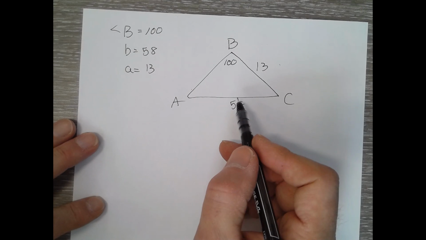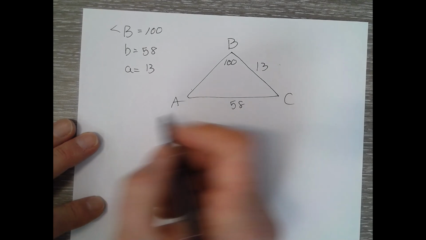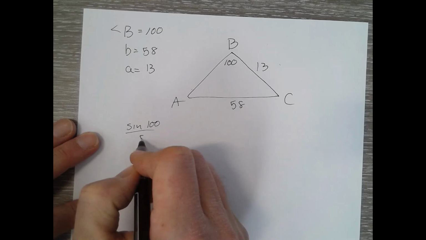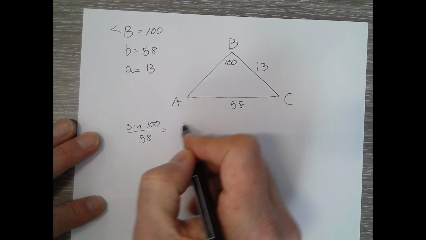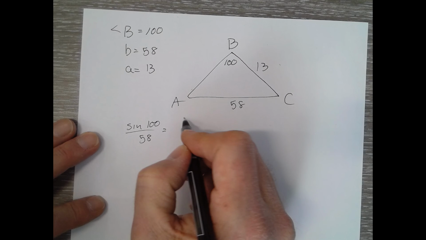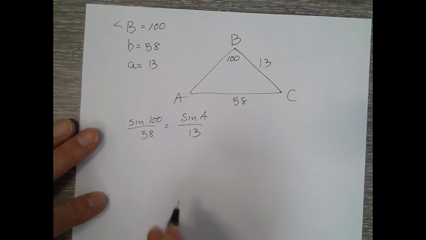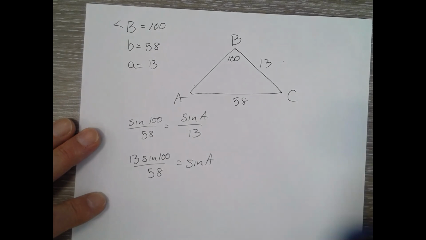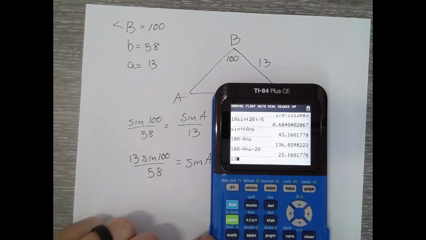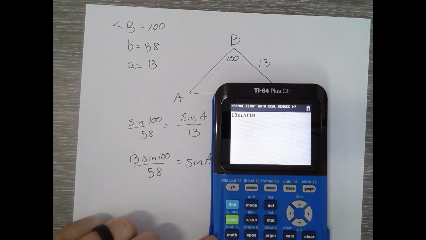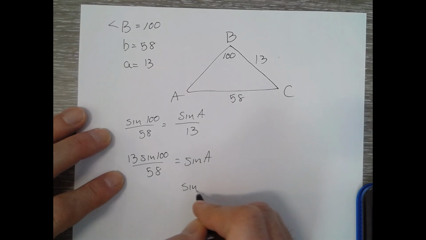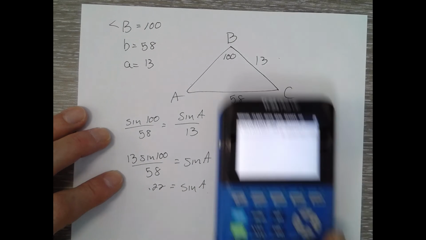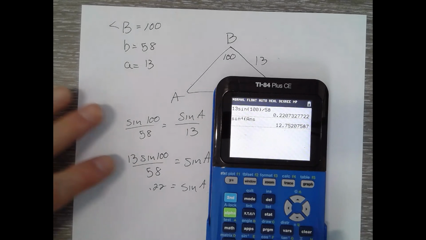We've got sine of 100 over 58 equals the sine of A over 13. Multiply by 13, so 13 sine 100 over 58 equals the sine of A. 13 sine 100 divided by 58 equals 0.22. So sine A equals 0.22, and I'll do inverse sine, and I get 12.75.